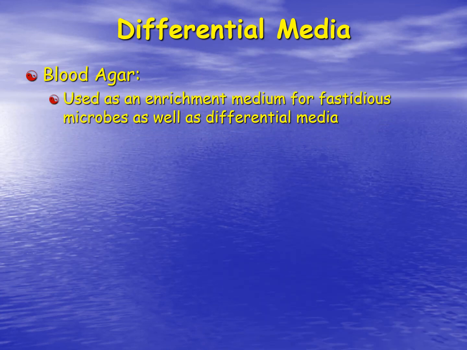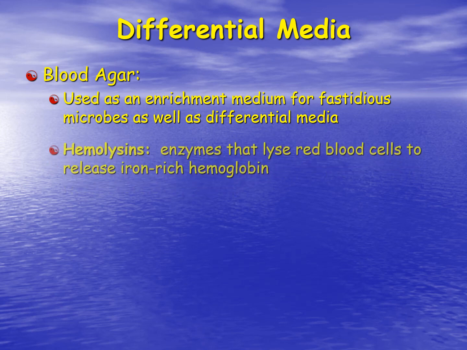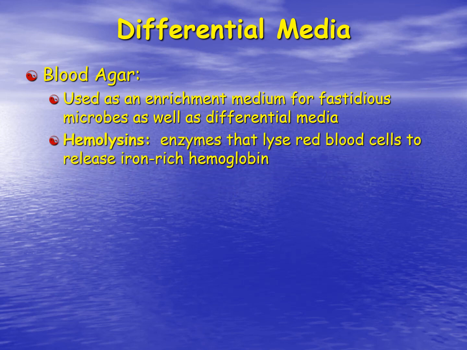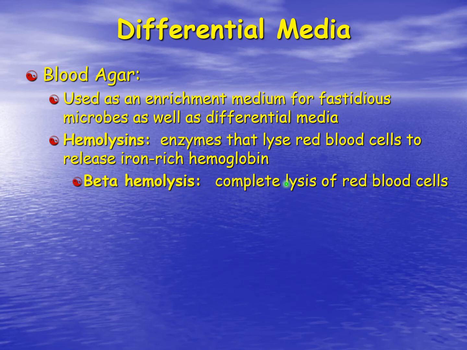Blood agar is a differential media, but it's also an enrichment media for the fastidious bacteria that require blood. Hemolysins are enzymes that lyse red blood cells to release iron-rich hemoglobin. Many organisms need iron in their metabolism, and so they will get it actually from the blood by releasing these enzymes.